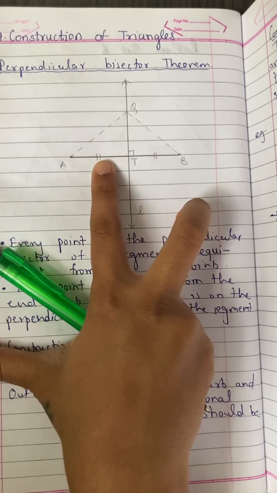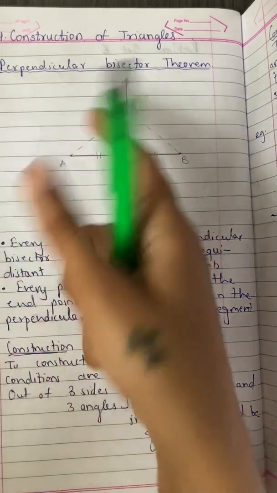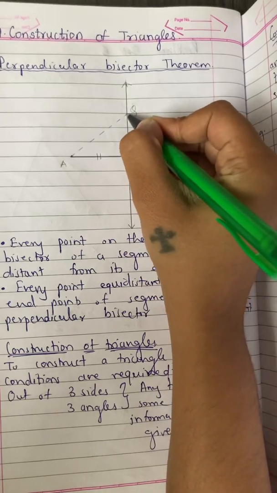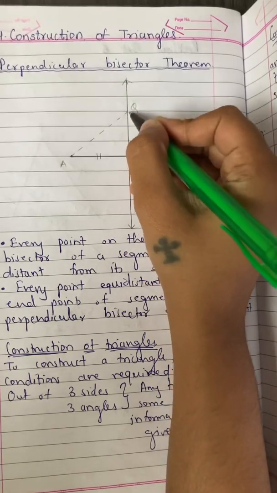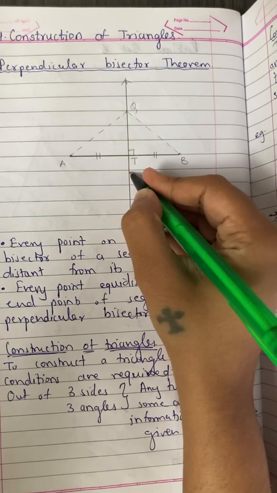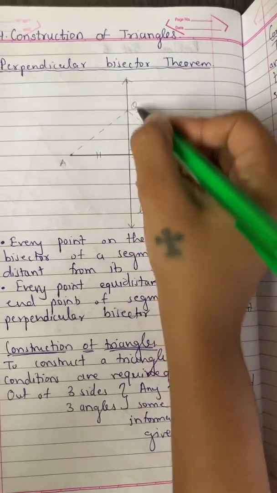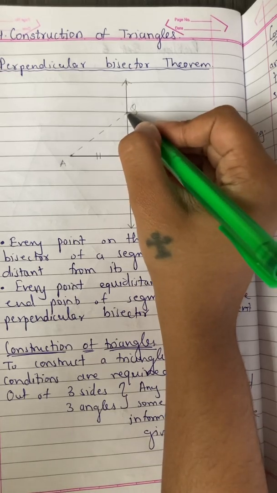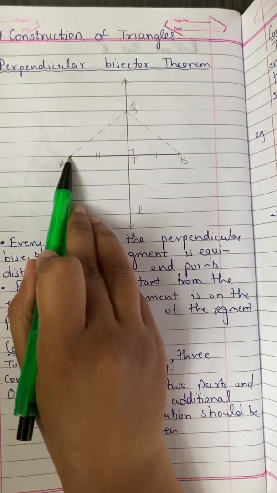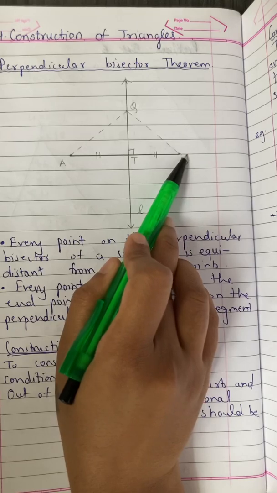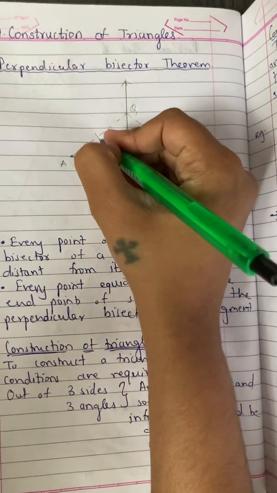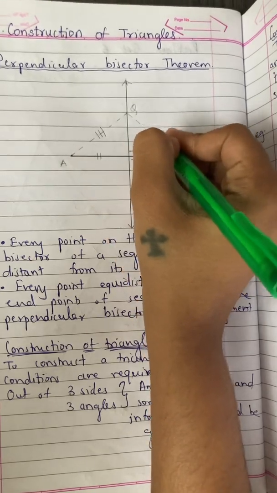The theorem we learned recently in our previous third chapter is that if we take any point anywhere on this perpendicular bisector line L, say point Q or point P, and draw lines from it to end point A and end point B of the segment, then these 2 lines have equal length.